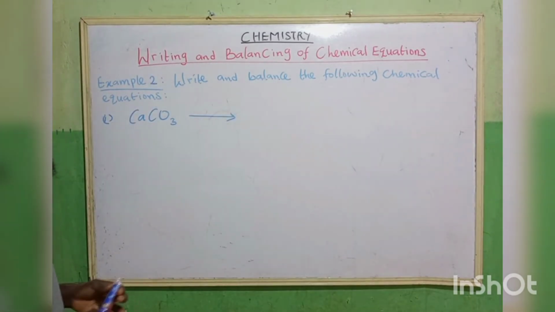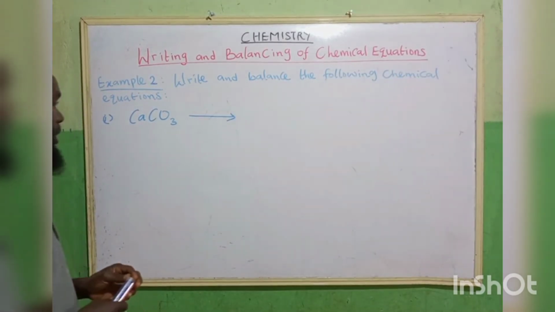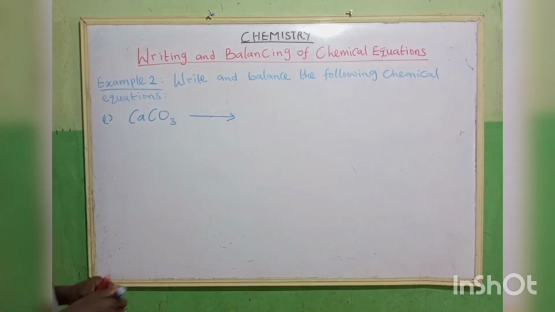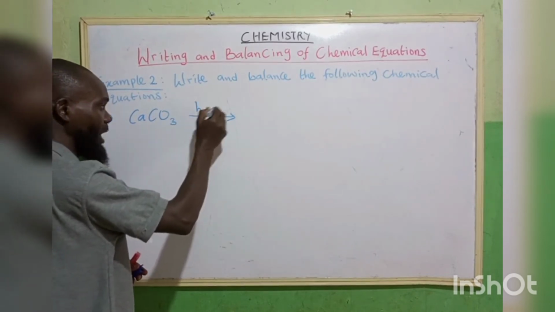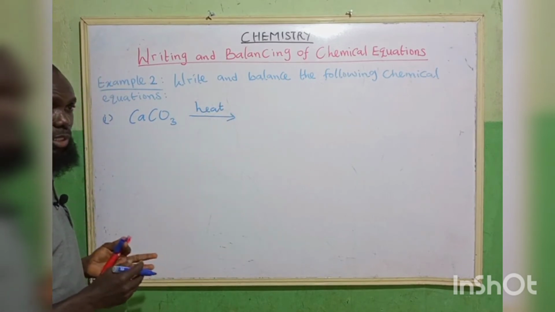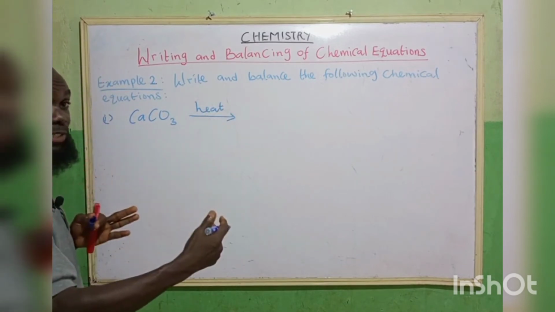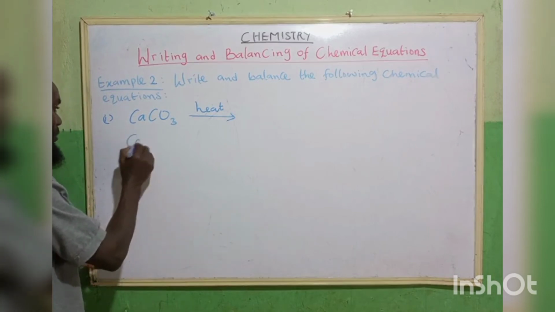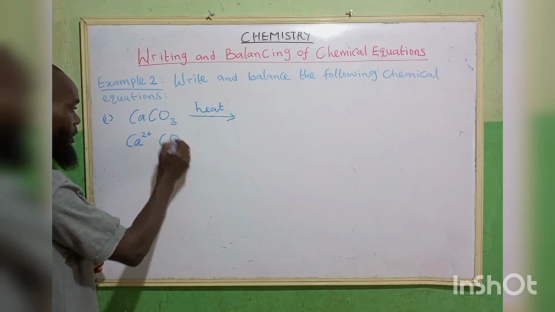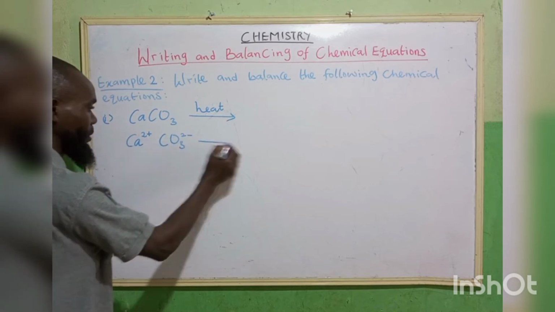Example 2. Write and balance the following chemical equations. Calcium trioxocarbonate(IV). When we heat it, what are we going to have? Let's associate this. We're going to have the positive and the negative side of it. Calcium having a charge of 2 plus, then we now have CO3 2 minus.